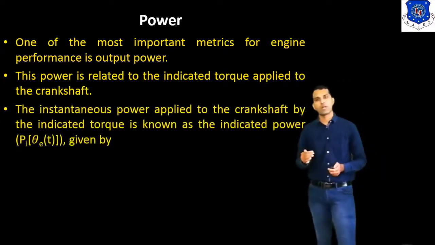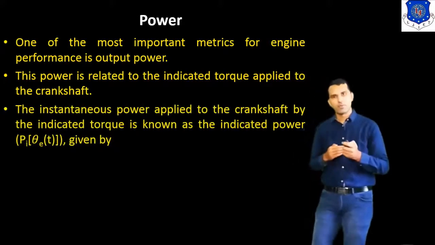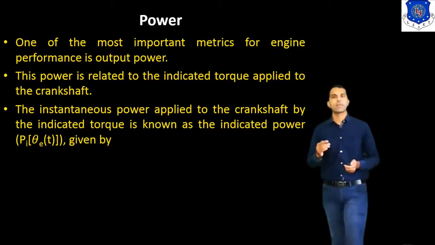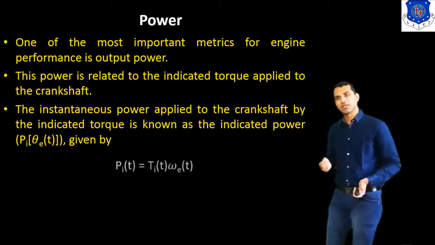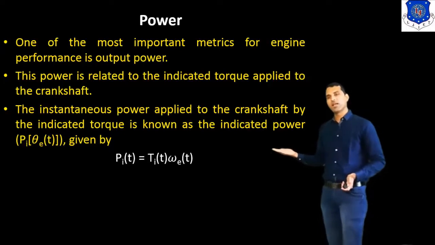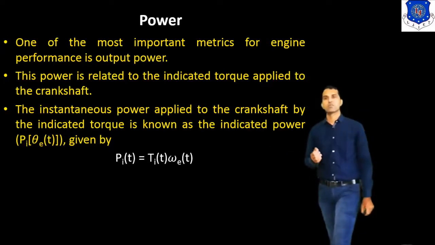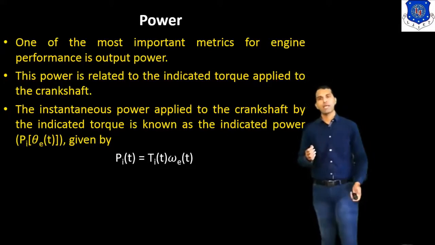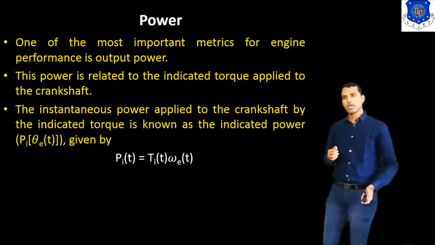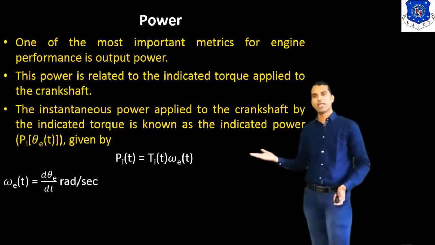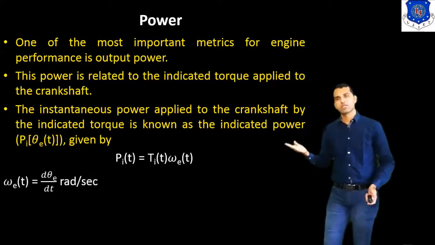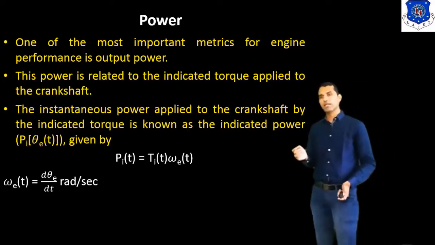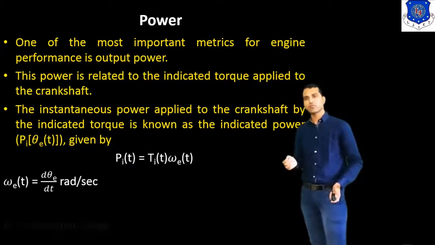The instantaneous power applied to the crankshaft by the indicated torque is known as indicated power, and we can find it using this equation: power is equal to T_I(t) times omega_e times t. Here P_I is the indicated power at the instantaneous time t, and omega_e is nothing but d theta_e by dt.